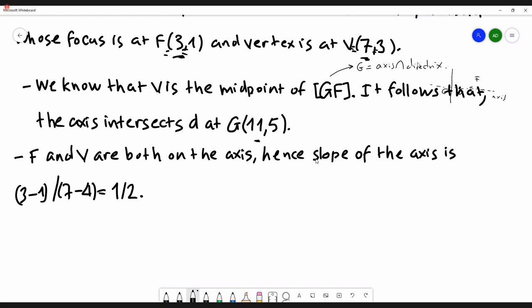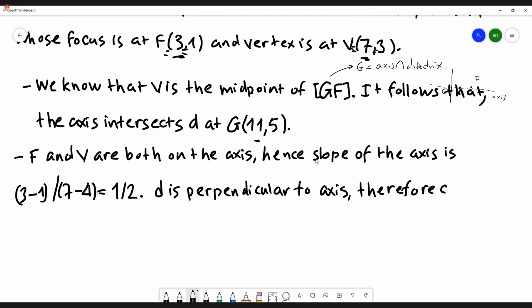This is the slope of the axis, but D is perpendicular to the axis. And we know that if two lines are perpendicular, then the product of their slopes is equal to -1. So the slope of D is -2.